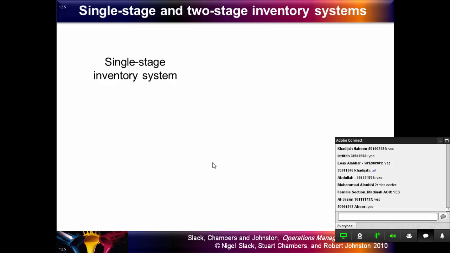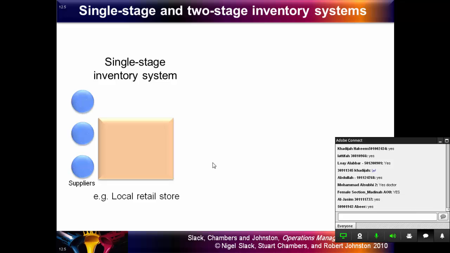We have several types of inventory. The first type of inventory is what we call the single stage inventory system. In a single stage inventory system, we have only one inventory place, one inventory that comes from all the suppliers.